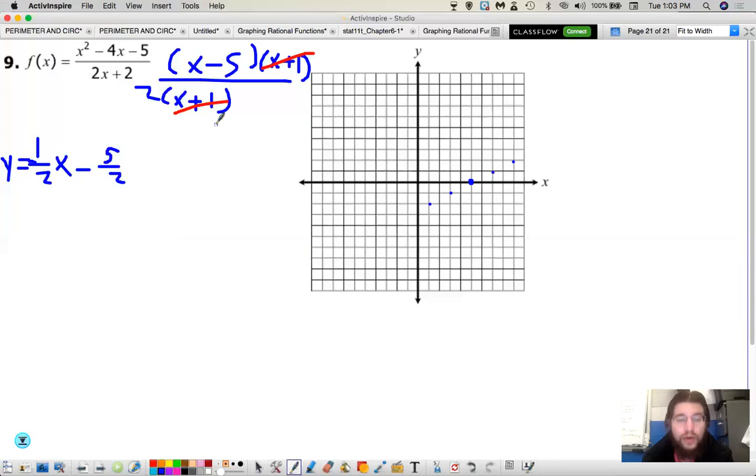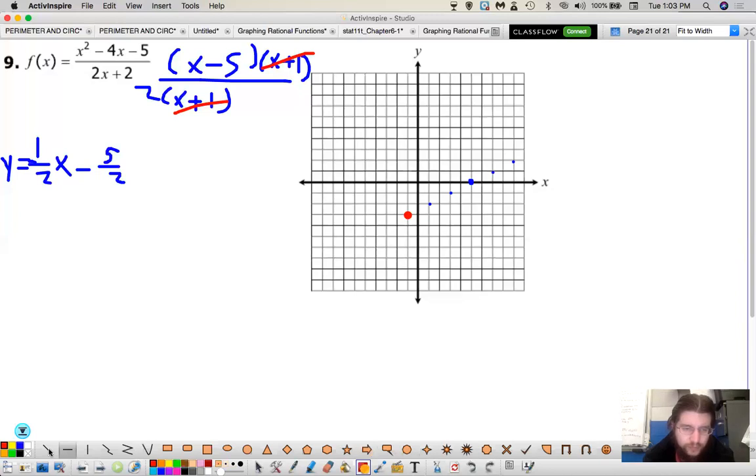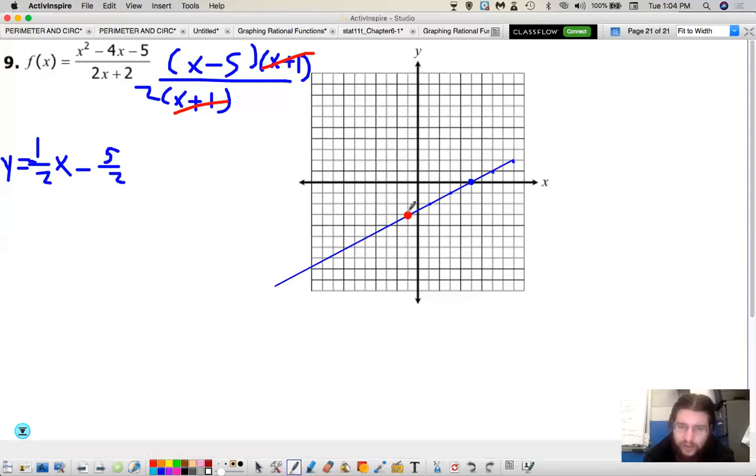At -1, I have a hole. So at -1 would have to be right there because that's my slope. Now let me graph it first because it's going to go right through it. So this linear equation is what it turns out to be, except it's got a little hole in it right there.